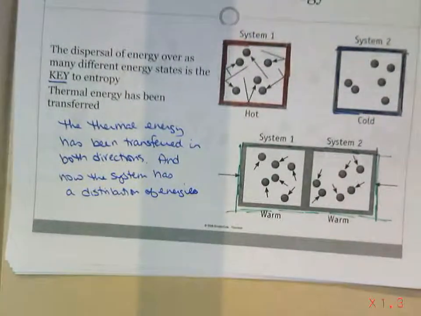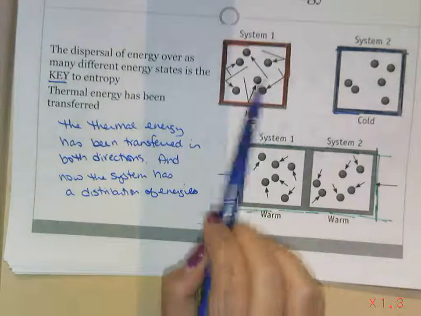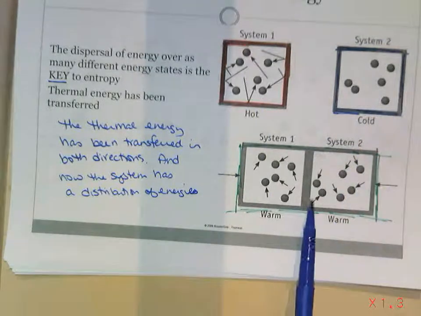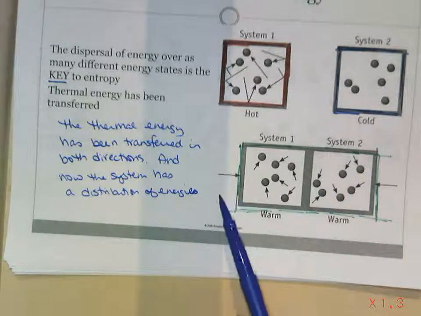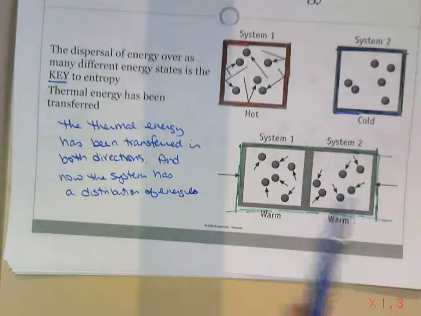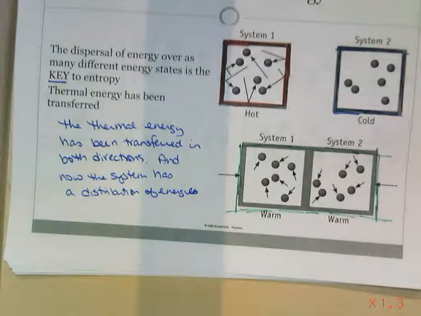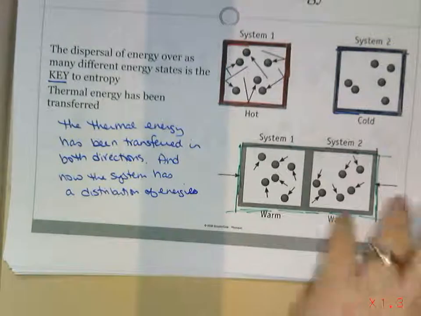Think about it in numbers: this is all 100, this is all 0, so what's the average between a set of 100 and a set of 0? 50. So now everybody has 50. Or it could be temperature. I had hot and cold, now everybody's just warm. So instead of two chimney stacks of numbers, I have more like a Gaussian distribution. Who's taking statistics? Excellent, because we're about to venture into some statistics areas. I'm not ready for that yet. Sorry, I've got more fun facts to write down before we're ready.